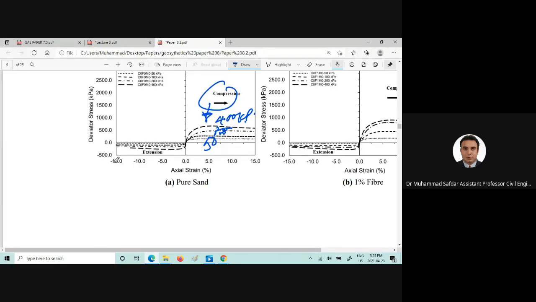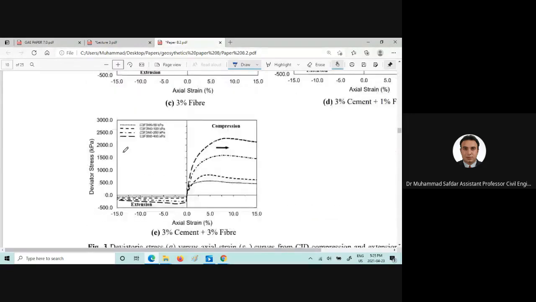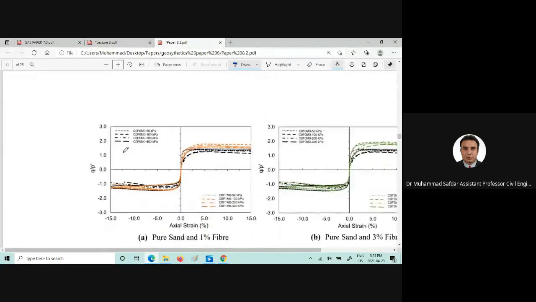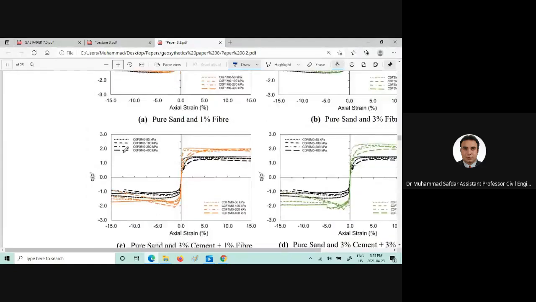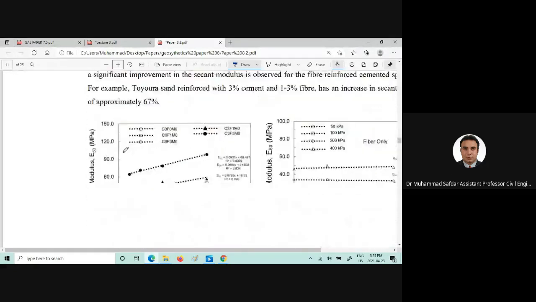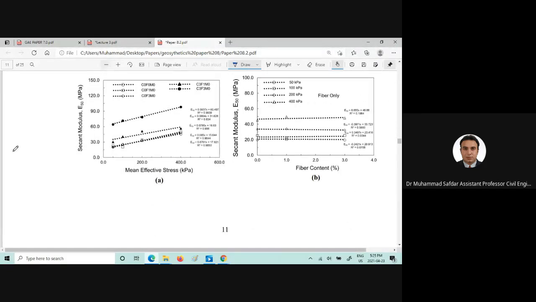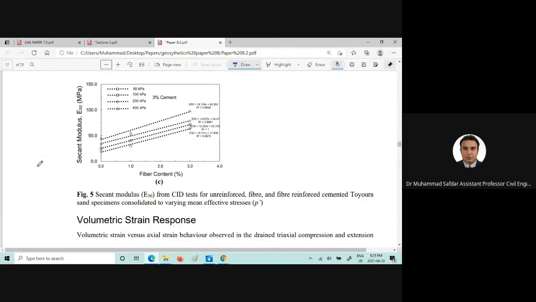And here we can see in extension how we can perform these compressive and extension tests in pure sands and in different fibers and cements, and how we can draw the stress ratios like the q by p prime ratios, how they are affecting. This is not part of the course, so the lecture is almost done. I'm just showing what we can do with these wonderful apparatus, but if we know how to use it.